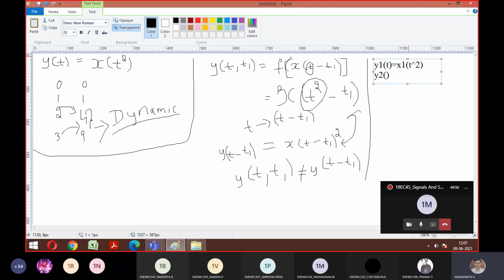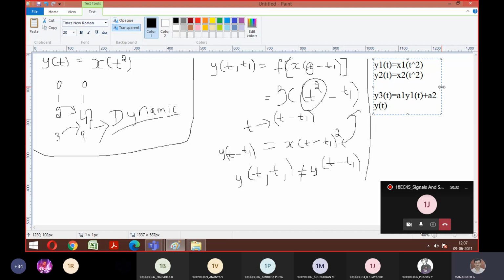Yes, sir. So y2 of t is, in the same way, x2 of t square. That caret mark is the symbol for square. So this is what we have. Now I want y3 of t. As I told already, it is a formula involving the summation of y1 of t plus y2 of t, along with the constants: a1 y1 of t plus a2 y2 of t.